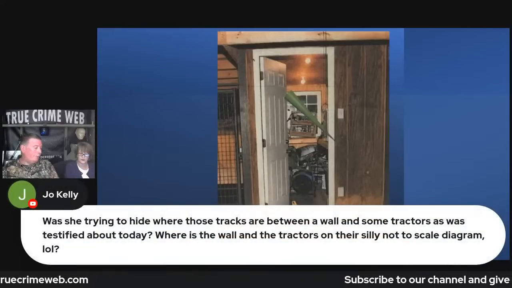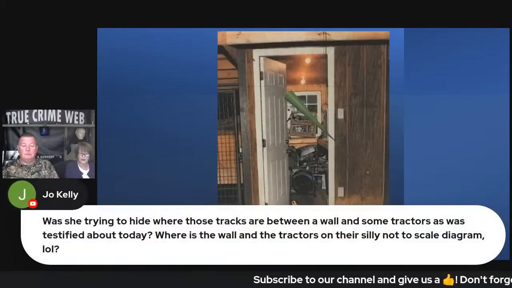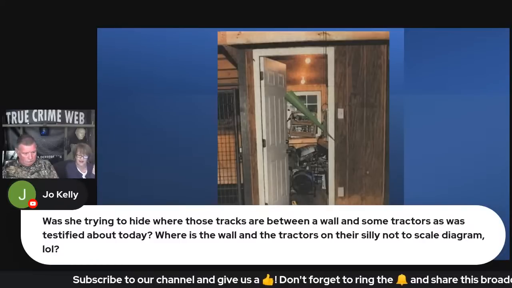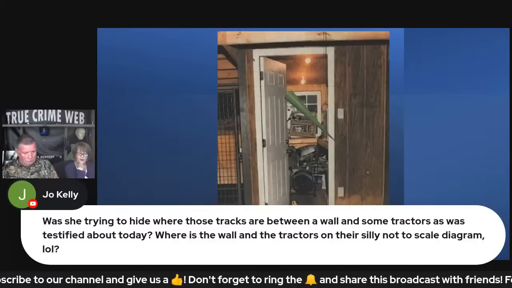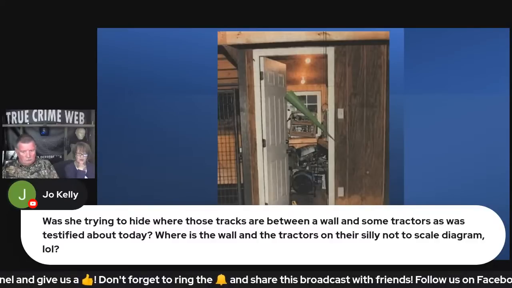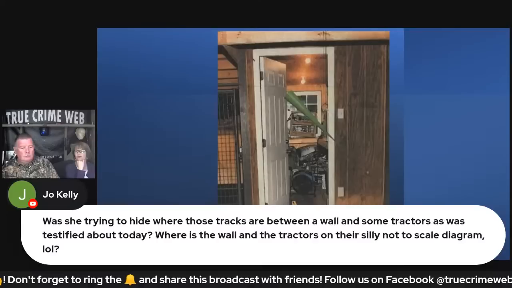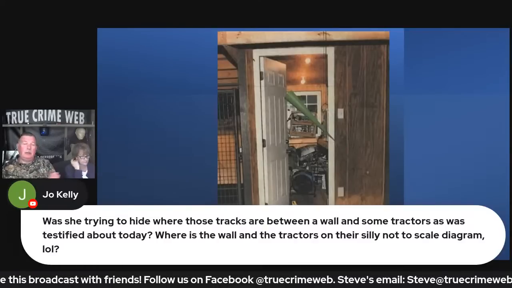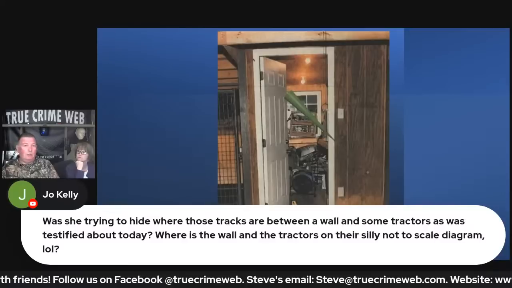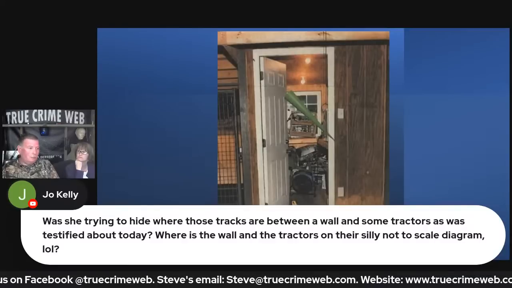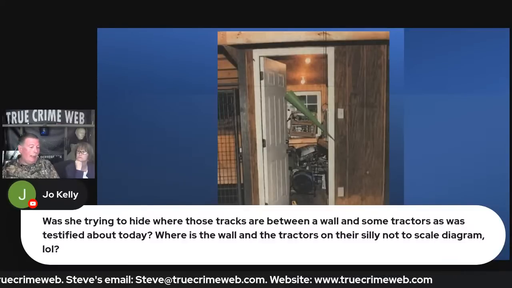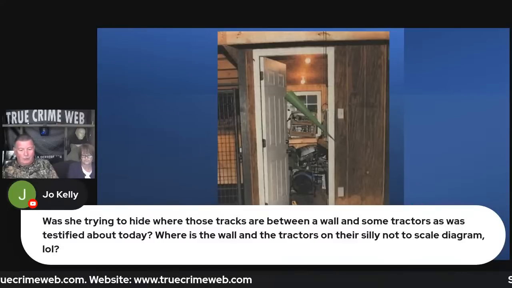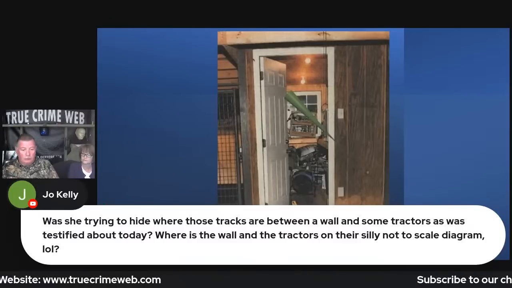All right. And Joe Kelly, was she trying to hide where those tracks are between a wall and some tractors, as was testified about today? Where is the wall and the tractors on their silly not to scale diagram? LOL. I didn't see the testimony today, but I know they were talking about that building that has a roof that's covered. And I will look at that, but I don't know exactly where that tractor is, but it's across from the dog kennels.